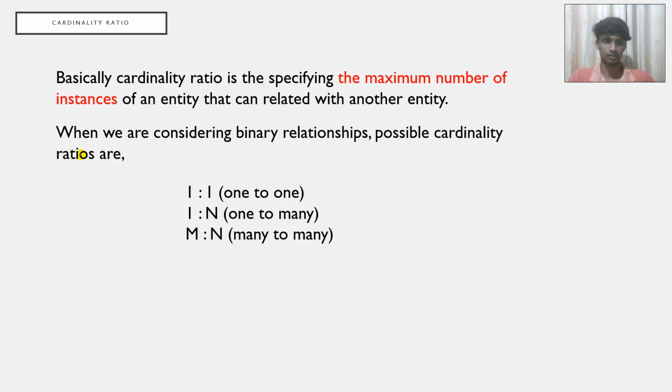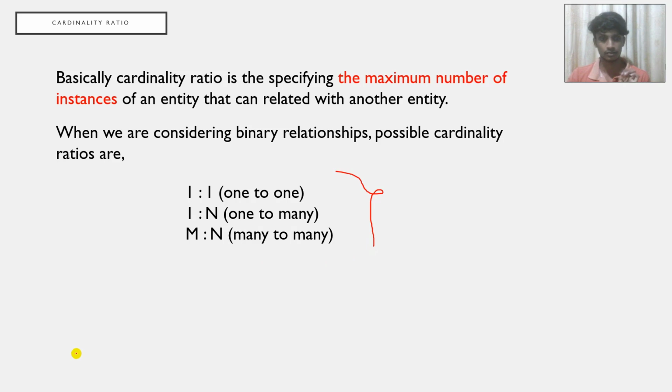Okay. So when we are considering binary relationships, binary means two entities. Possible cardinality ratios are 1 to 1, 1 to many, and many to many. Those are the possible cardinality ratios for a binary relationship.